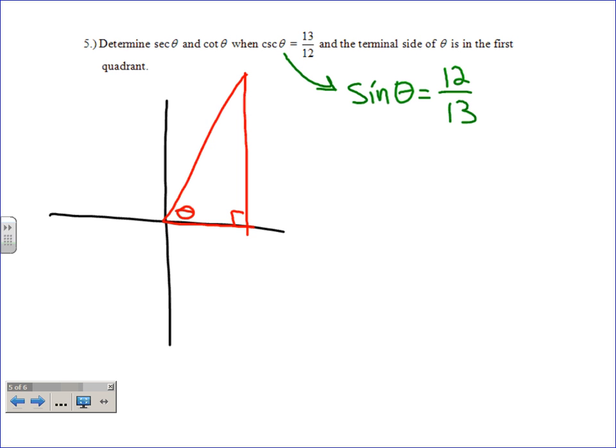And sine is opposite over hypotenuse. So opposite of theta is 12. Hypotenuse is 13 because it's sine, opposite over hypotenuse. Once again, it is a triple if you know it. If you don't, you use the Pythagorean theorem to figure it out. It is 5. You said 15.